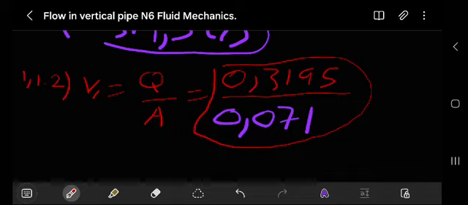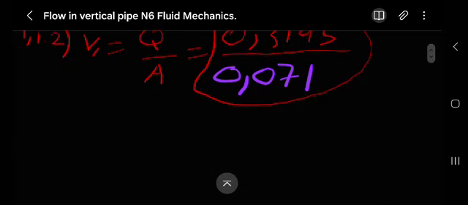0.3195 divided by 0.071, then we'll get V1.